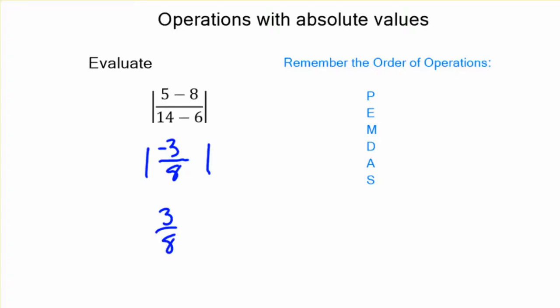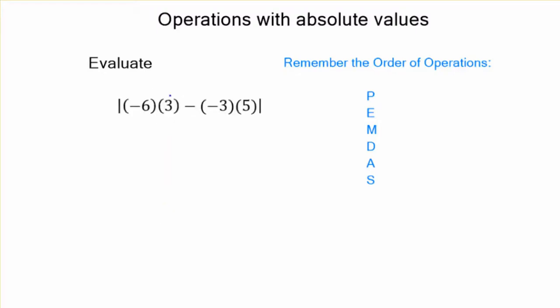Let's try another one. Now we're going to have the multiplication here and multiplication here. That comes before the addition and subtraction, so we're going to bring down this minus sign. Okay, we have the absolute value. Let's do our multiplication. -6 times 3 is -18.